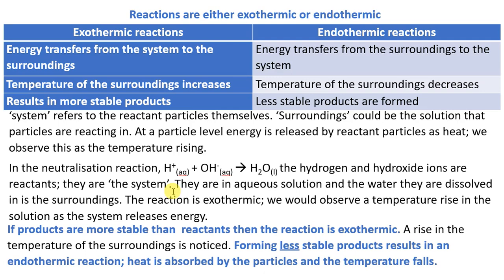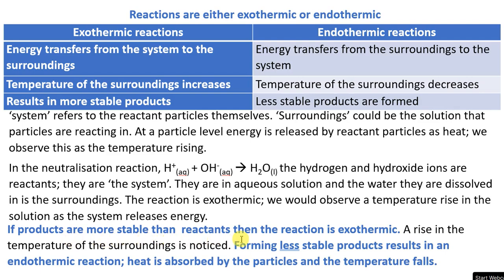That's what we mean when we say energy transferred from the system. They're in aqueous solution, we can see that by the subscripts. And the water they are dissolved in is the surroundings. The reaction is exothermic. We would observe a temperature rise in the solution as the system releases energy.